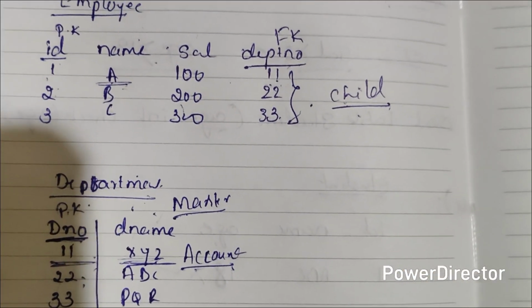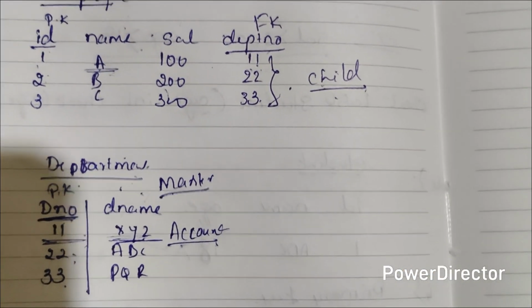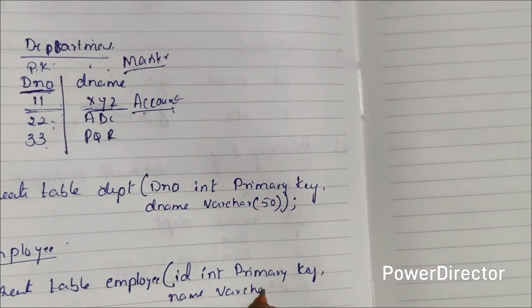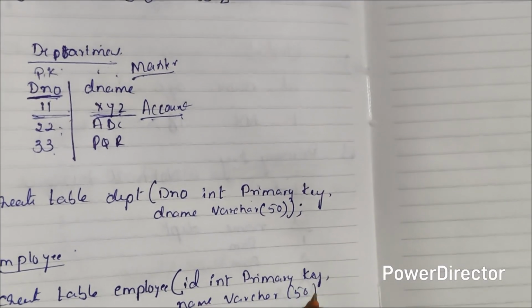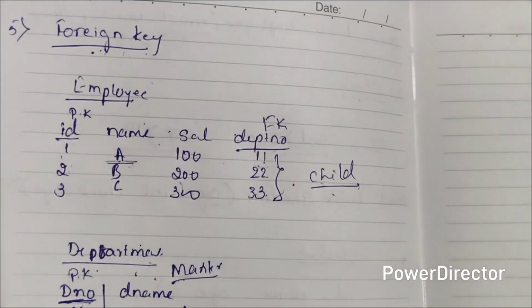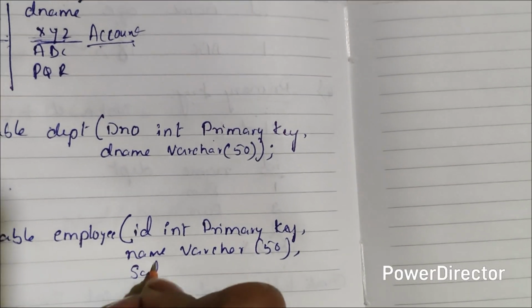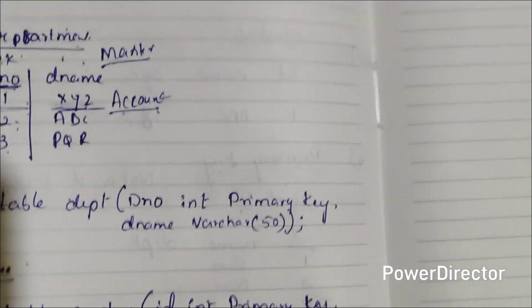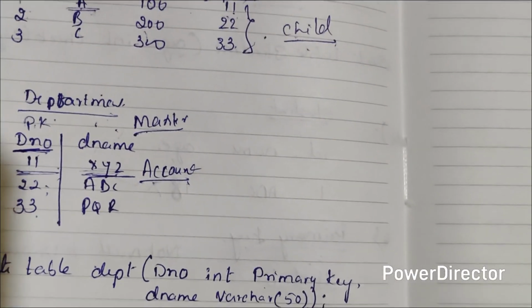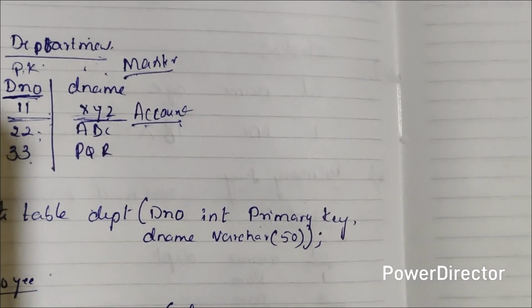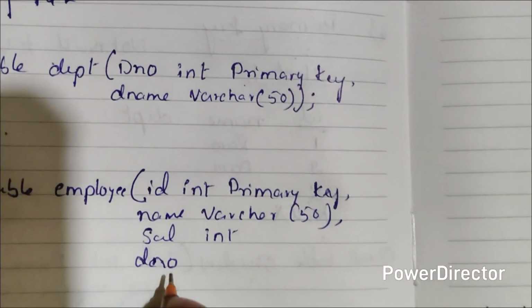So how many attributes we have? Name. Make this as a variable character of 50, comma, and salary. It is an integer value, and one more, it is department number. Department number, D number.